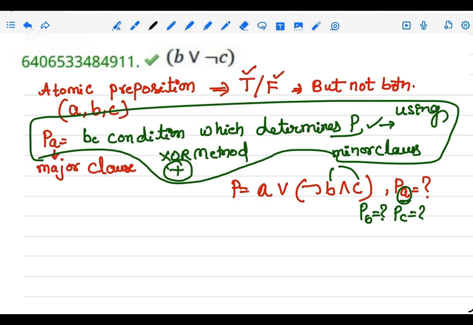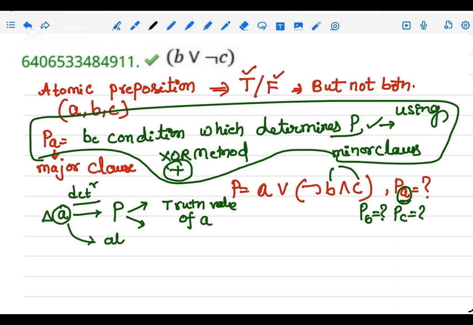PA is the condition under which the clause A determines the predicate P, using the XOR method. The clause A determines the predicate P by changing the truth value of A, while all other clauses are fixed.